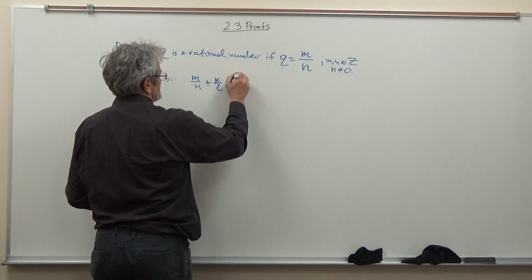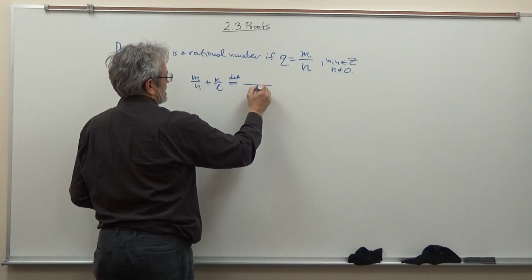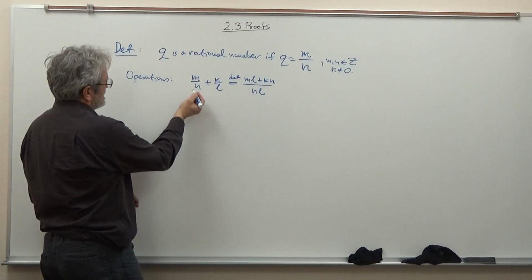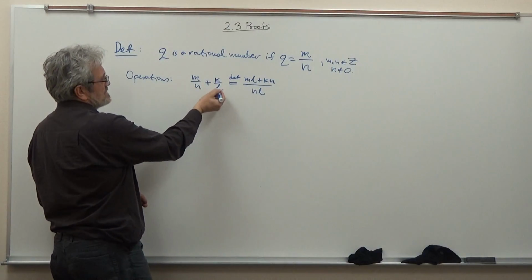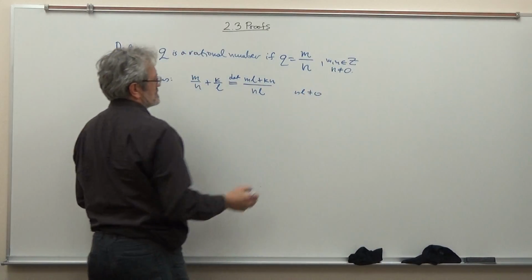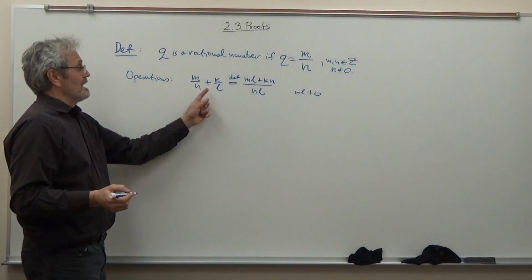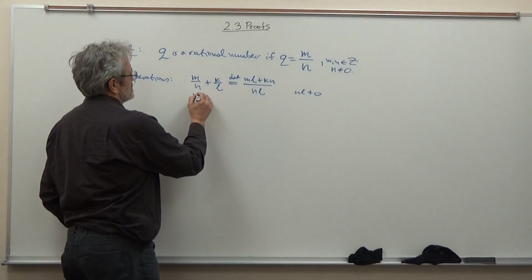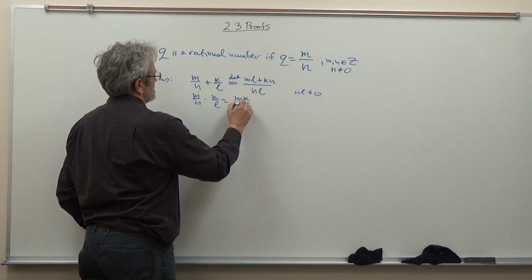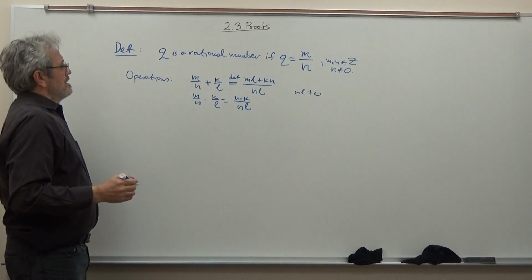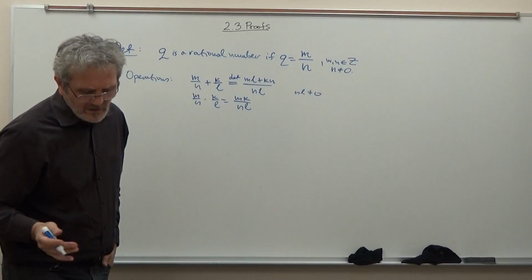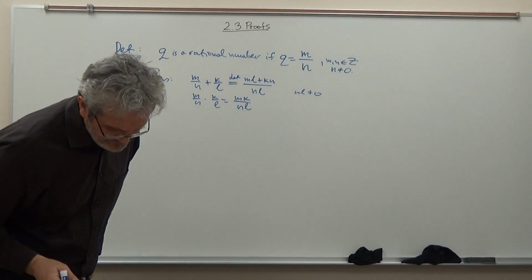By definition, this is not a proof, you just cross multiply as you know, ml plus kn. And then it's important that since these two numbers are both different from 0, and l is also different from 0, you don't need to worry about it, if n and l on their own are different. Then you define how you multiply two numbers, and how you subtract, and how you divide, and so on.